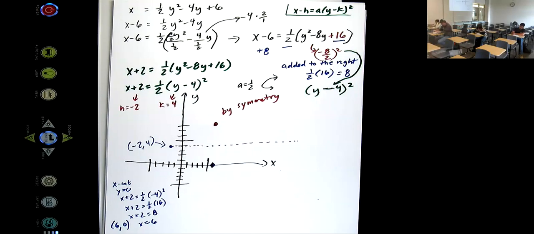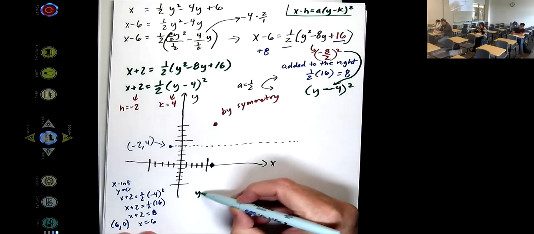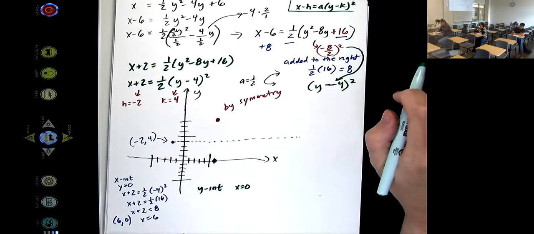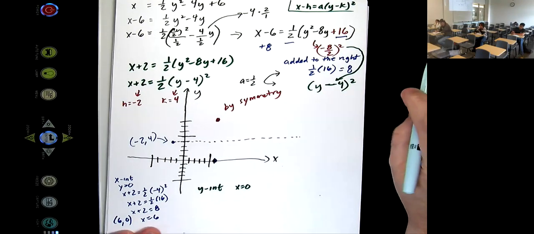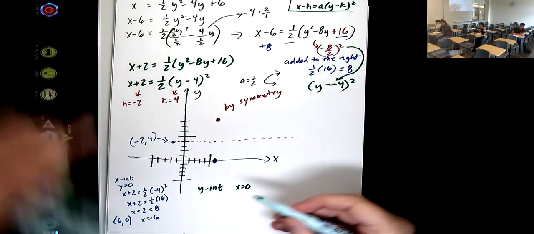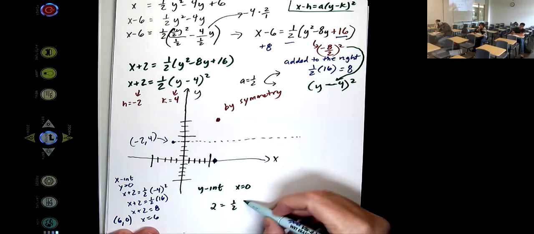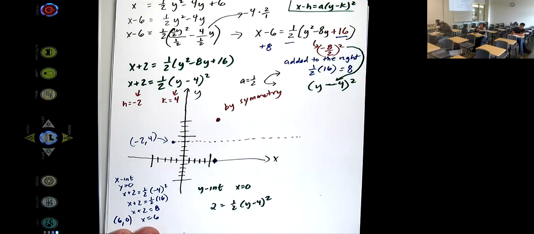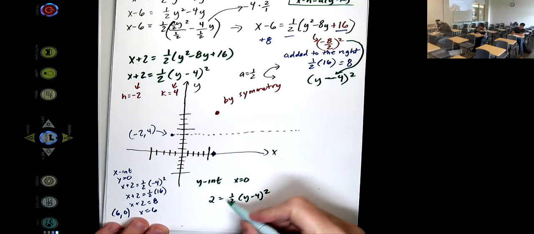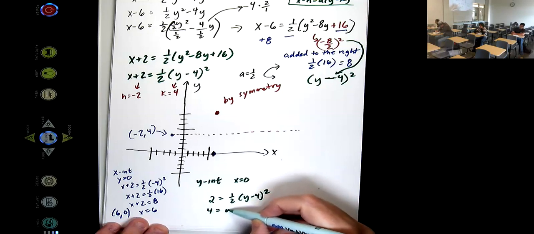Now we do our y-intercept. Y-intercept is when x equals 0. This one's probably easier to do with this form right here, so we can take the square root. I've got 2 equals 1/2 (y minus 4) squared. So I'm going to multiply by 2 to get rid of the 1/2. And I got 4 equals (y minus 4) squared.